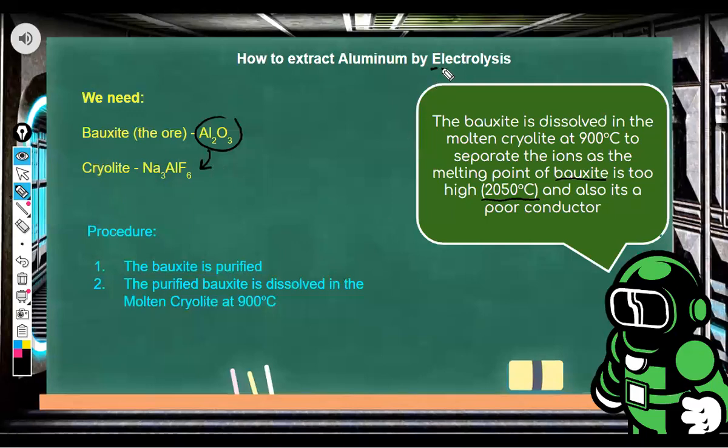And for electrolysis to happen, you need the liquid to be as good a conductor as it can be, because the better a conductor it is, the smoother the electrolysis process will go. So you take down everything in green now. And the examiner loves to ask you this question, like, what is the point of adding the cryolite? And you have the two reasons in front of you.